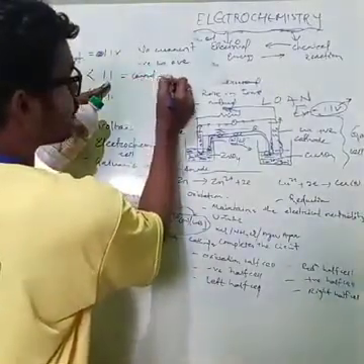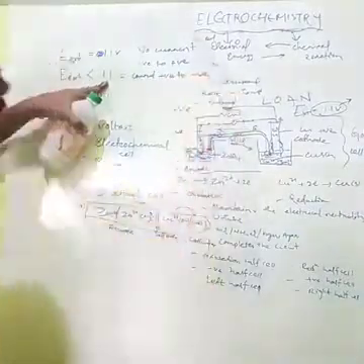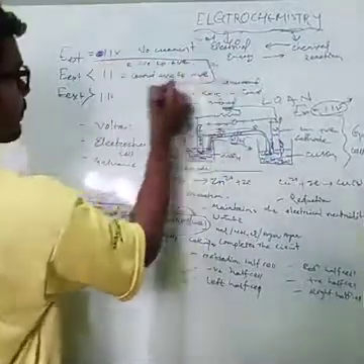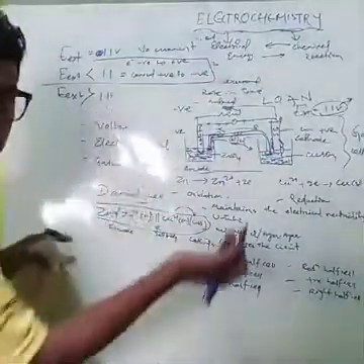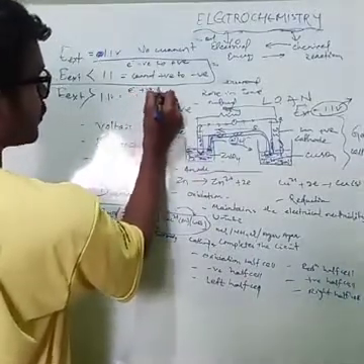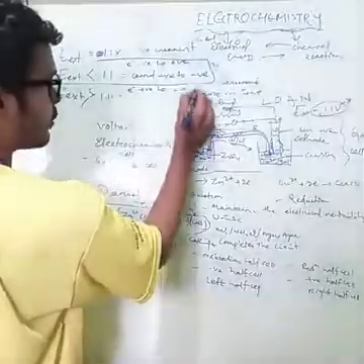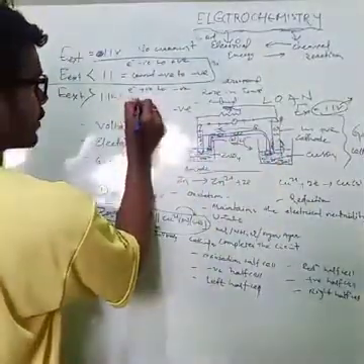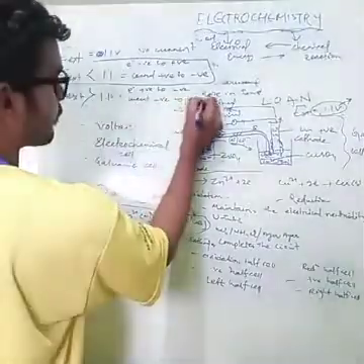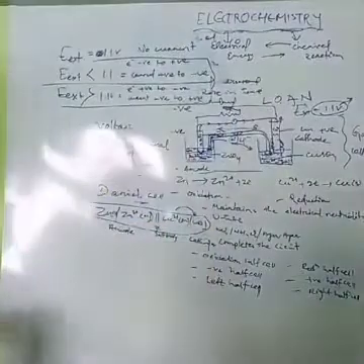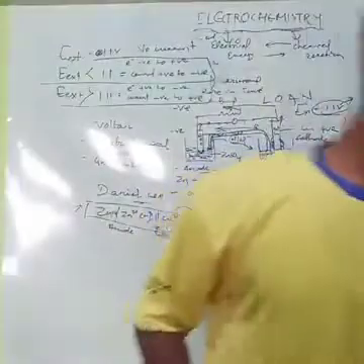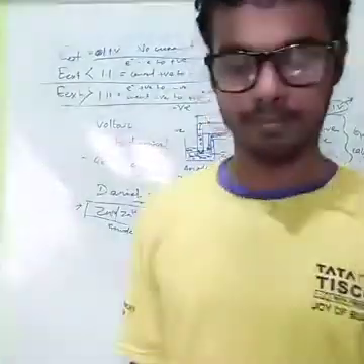For the other case it will be opposite: electrons flow from positive to negative, so the current flows from negative to positive. This happens in an electrolytic cell, and we'll read about it at that time.